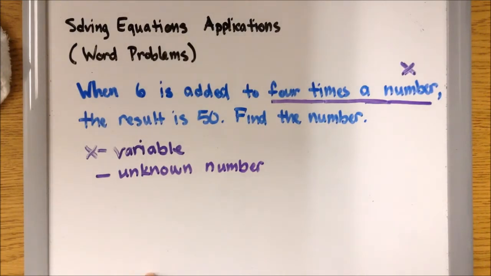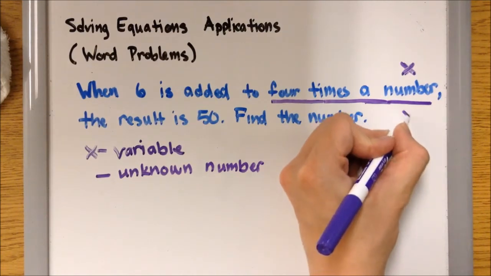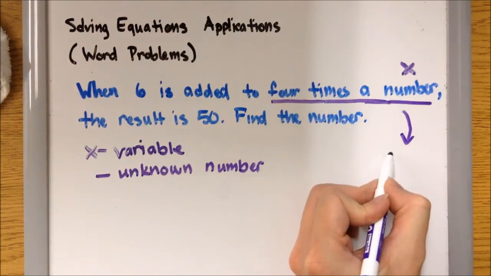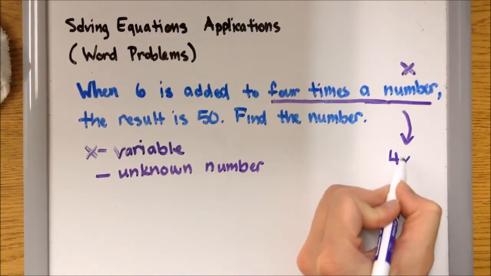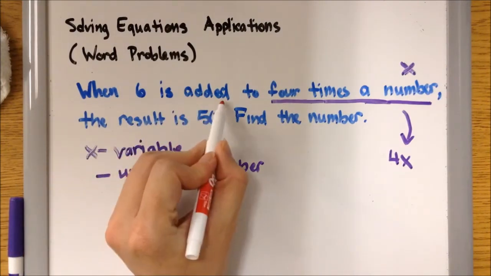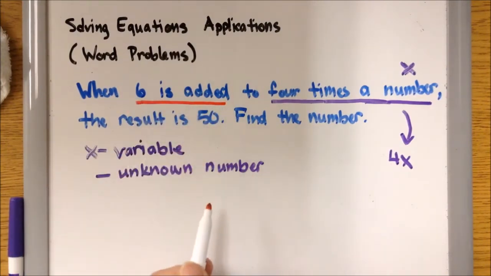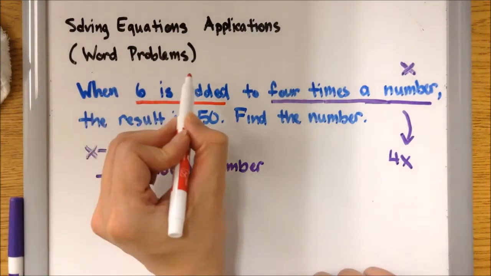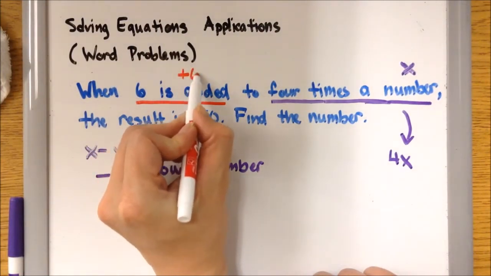When it says 4 times a number, it means 4 times x, so 4x. Now here it says when 6 is added to 4 times the number, so that means it's going to be plus 6.